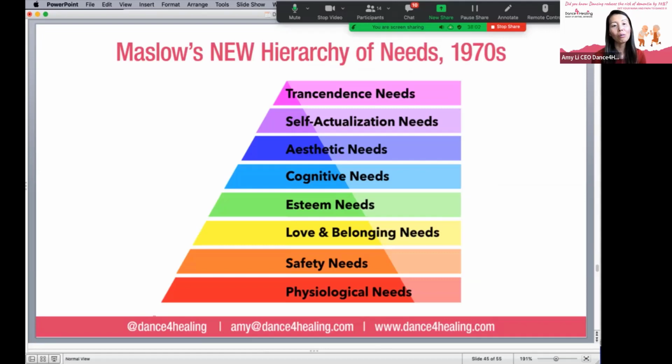Many of you know Maslow's hierarchy. Many of you probably know all the way up to here. What's not commonly known is that Maslow actually added three additional needs. You can see here, aesthetic needs is right here.